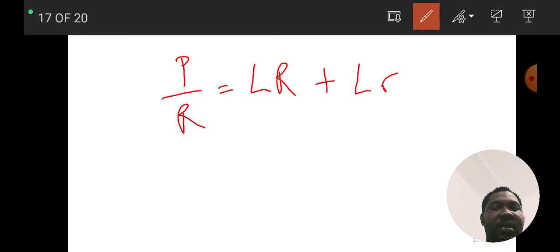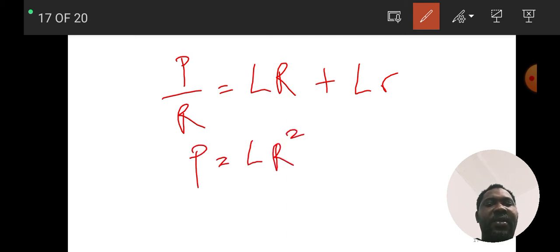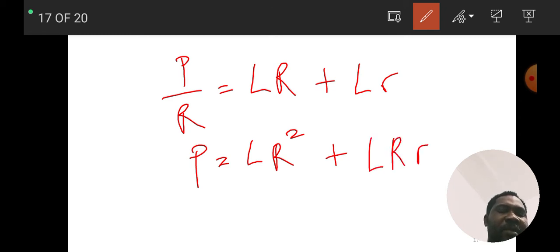The first thing that comes to my mind is to multiply through by R. If I do that, this becomes P equal to LR squared plus Lr. Well, I may not need to continue here. That is because P is a constant, that can be our c.